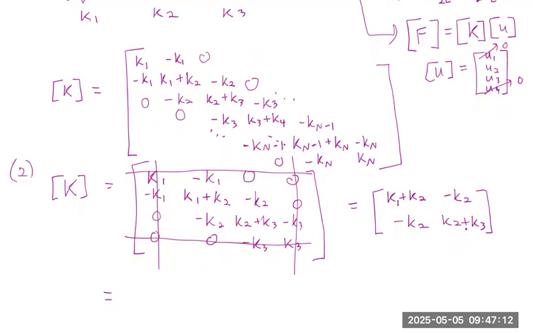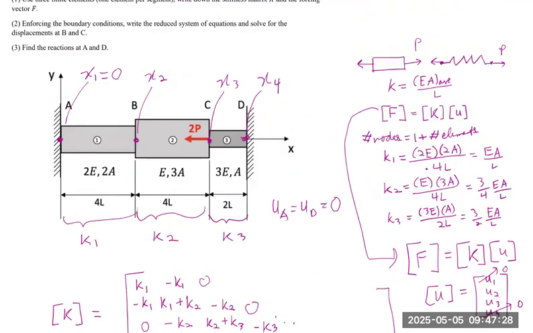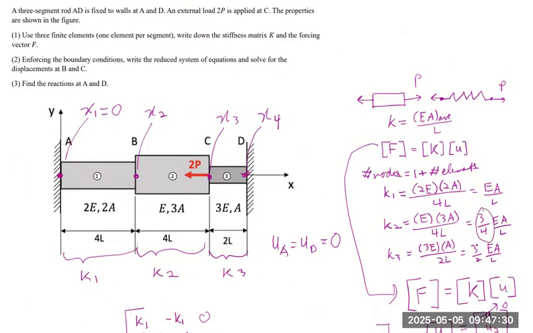So those are the coefficients of those matrices, and we can factor out EA over L here, and write EA over L times the coefficient of K1, which is 1, the coefficient of K2, which we found to be 3 over 4, and the coefficient of K3, which is 3 over 2.